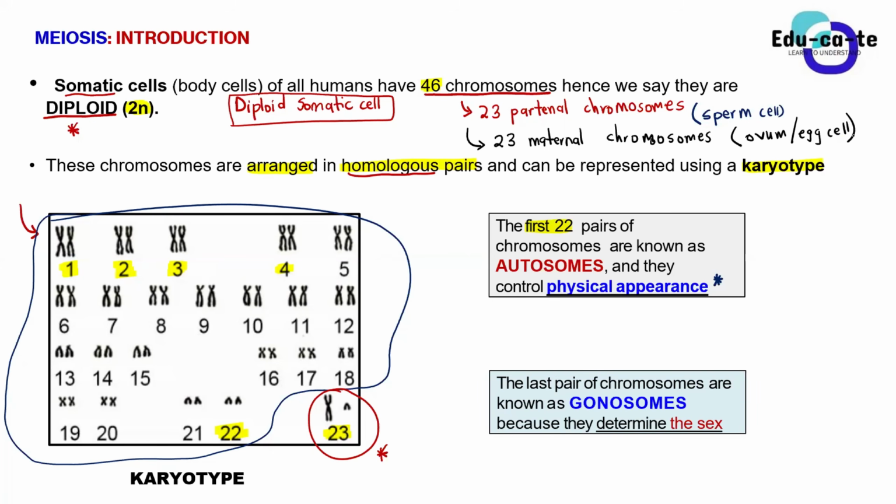The sperm cell of your father carried the 23 paternal chromosomes to the egg cell of your mother that had 23 maternal chromosomes, and that is how you were made to be a person, a human being with 46 chromosomes. Are we clear on that?